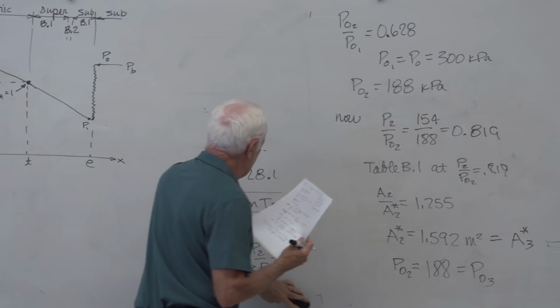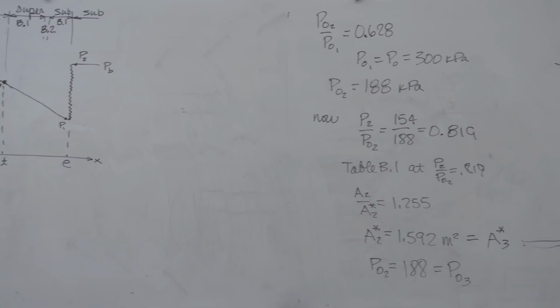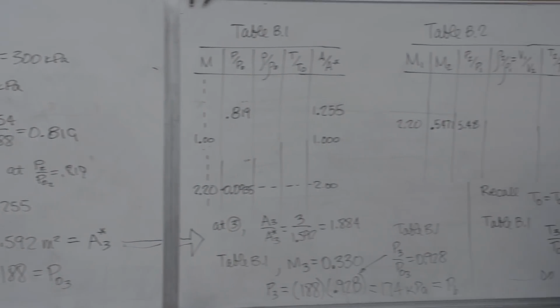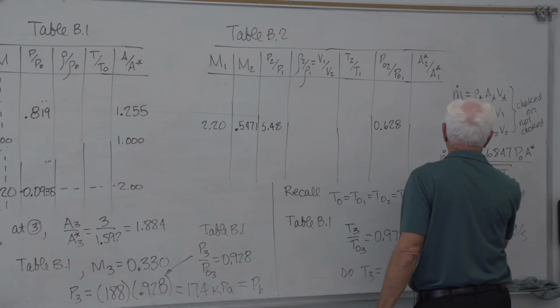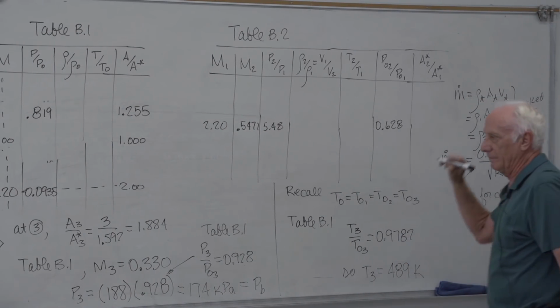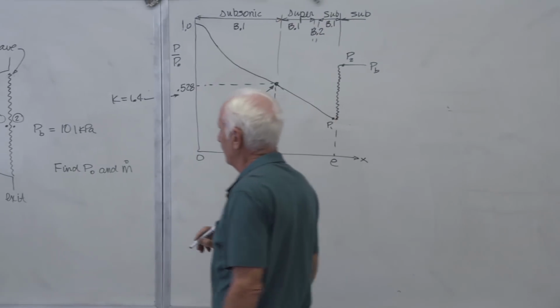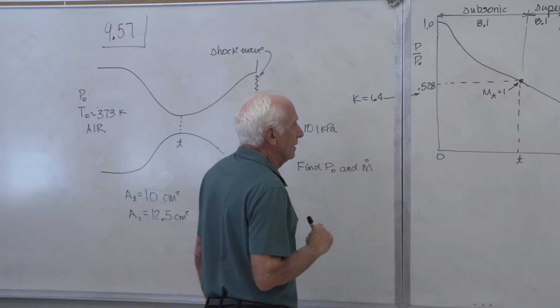Is that the maximum mass flow rate? Yes. Only use that when you have choked flow. Otherwise, you can find the mass flow rate anywhere you want, at the throat, at 1, at 2, by rho A V.